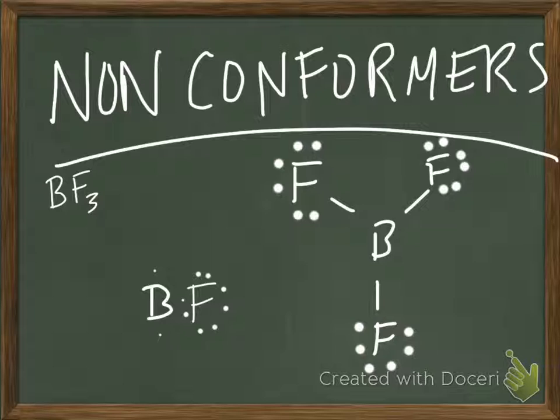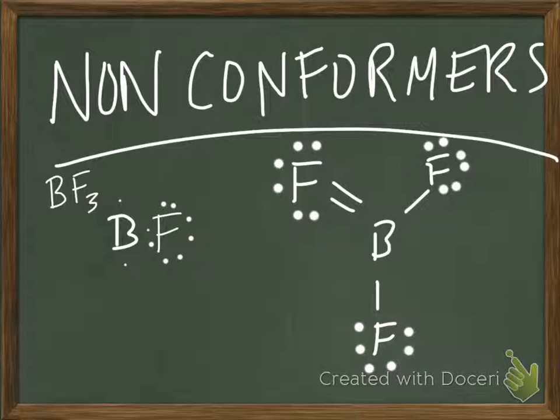Could you have, well, what if 2 of these sort of move over and form a double bond? We would show it like this. Is that possible? Well, then boron's happy and fluorine's more or less happy.